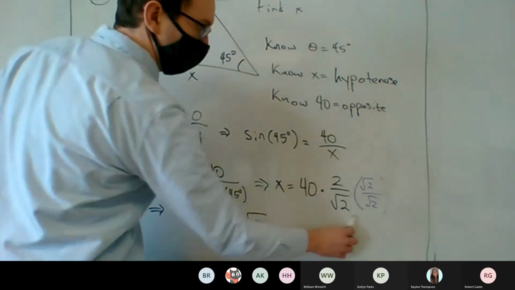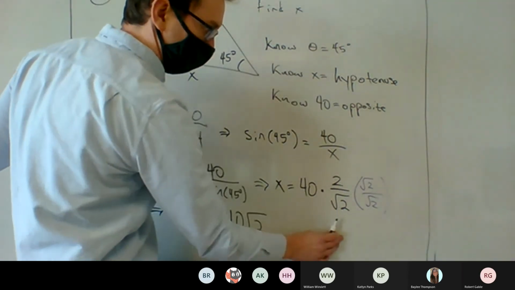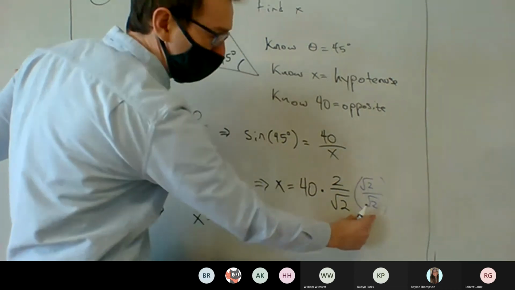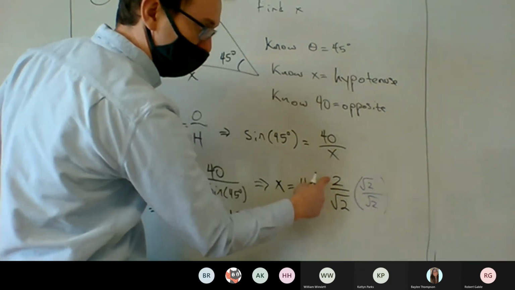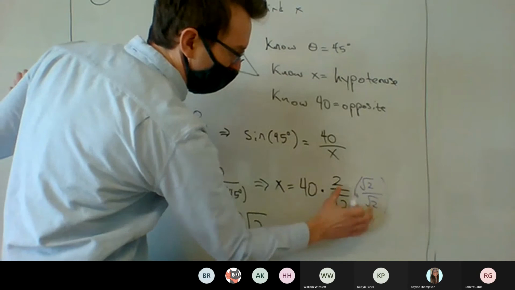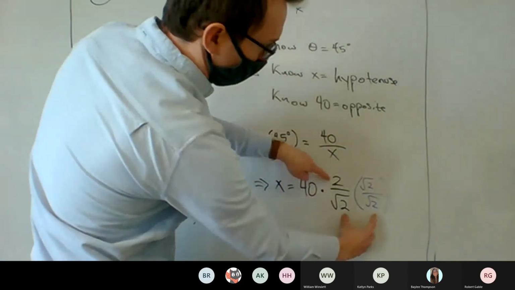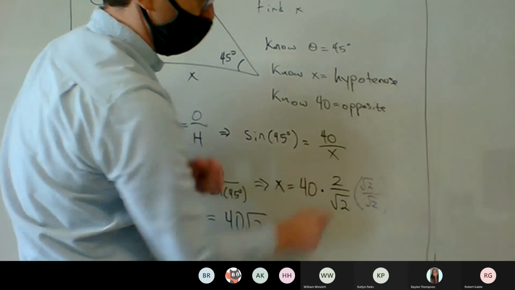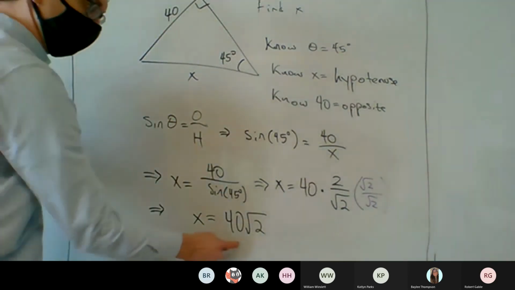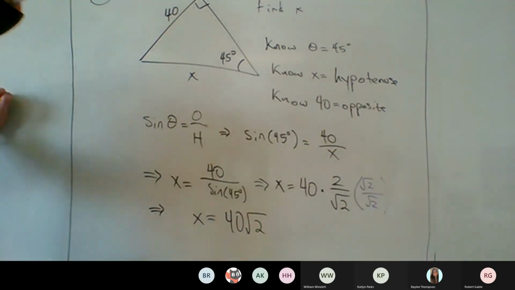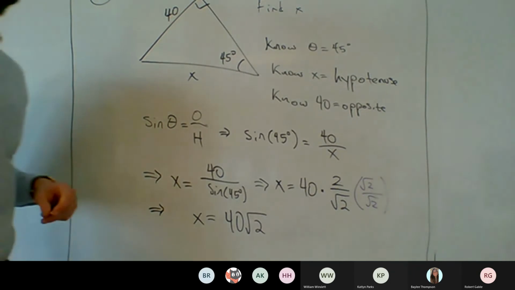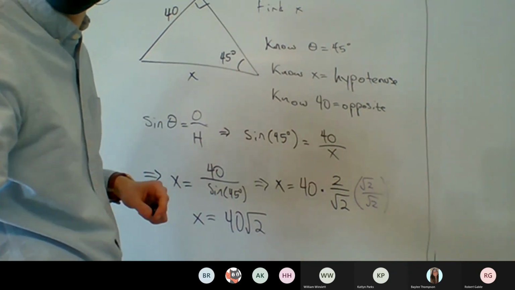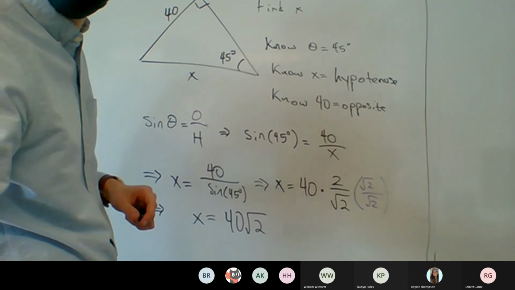Square root of 2 times square root of 2 in the bottom just yields a 2, so that cancels with that 2, and you just end up with an extra square root of 2 that attaches itself to the 40. So there we go. That's an important one too. Any questions?